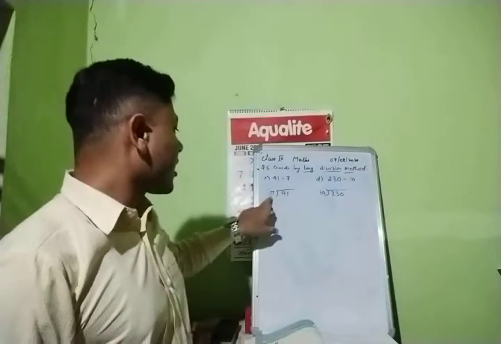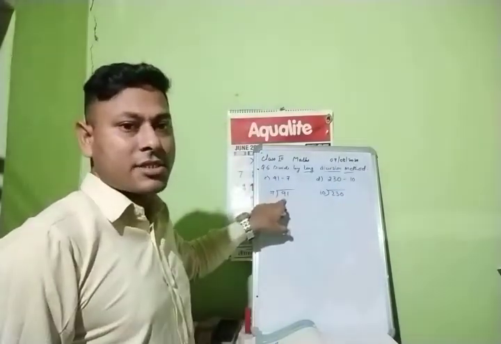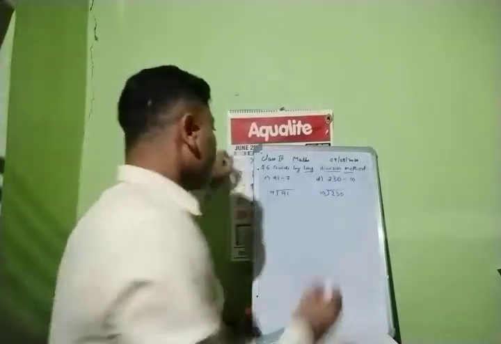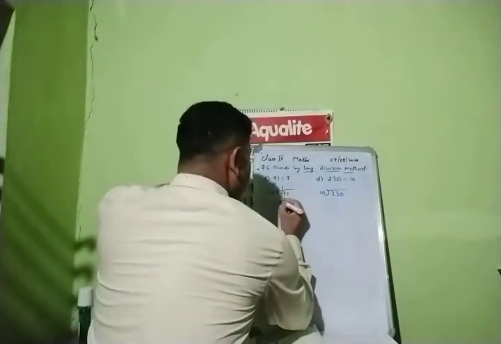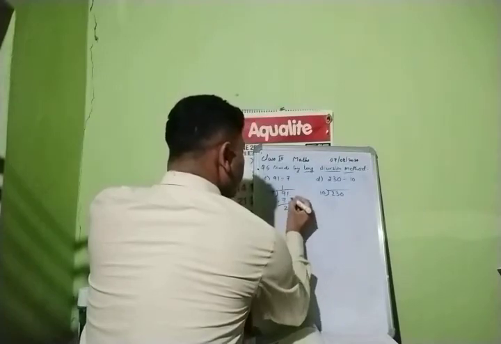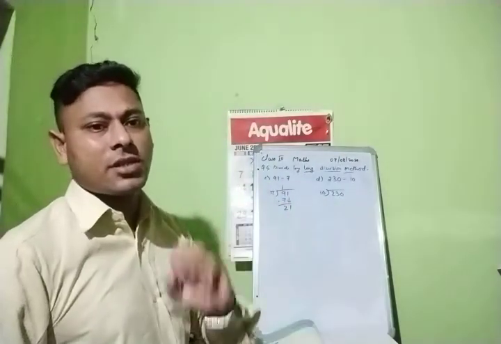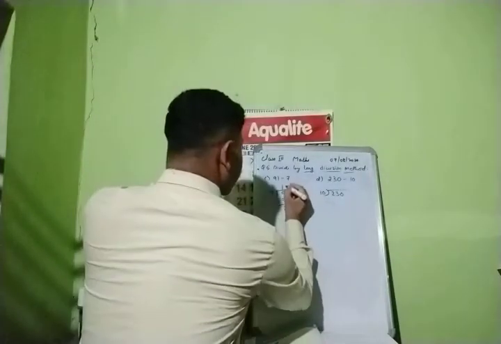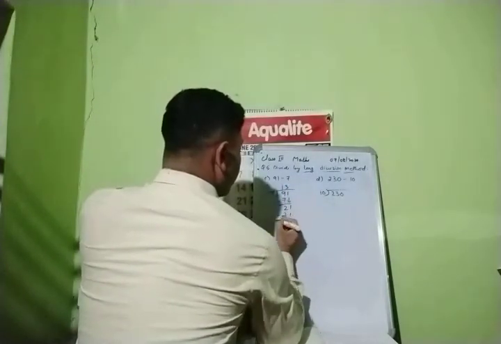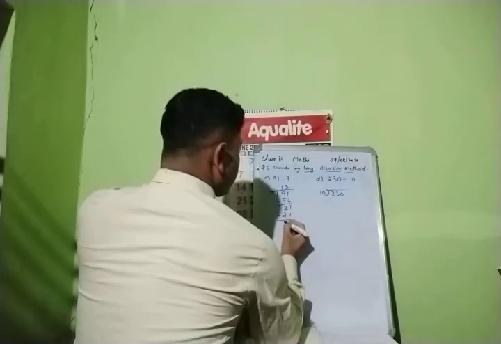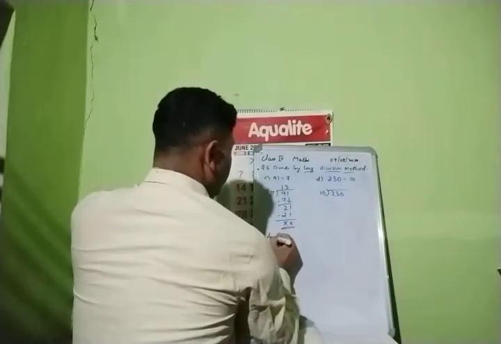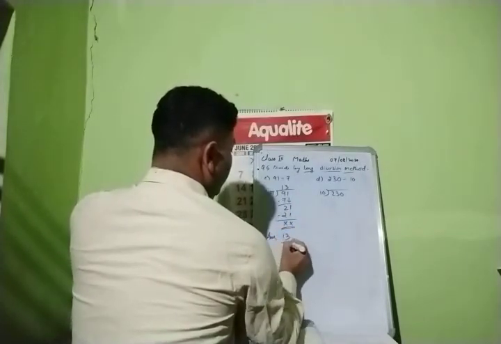Right? Now 7 and 9. We can take it because 9 is more. So 7 ones are 7. 9 minus 7, 2. And this 1 will come down. Then 7 ones are 7, 7 twos are 14, 7 threes are 21. So we can directly write 7 threes are 21. Then 1 minus 1, 0, 2 minus 2, 0. So what is our answer here? Our answer will be 13.